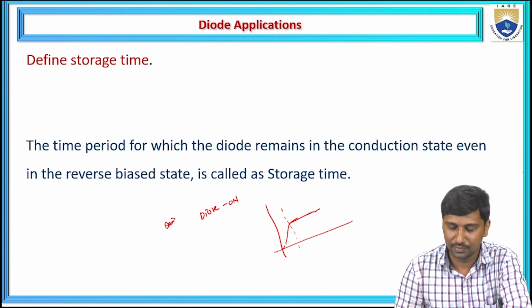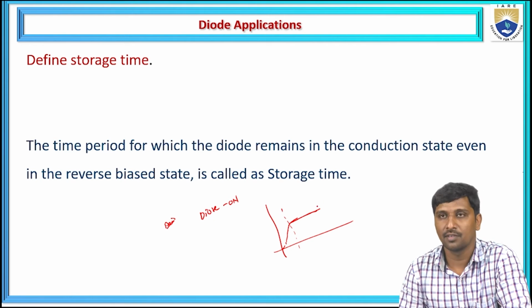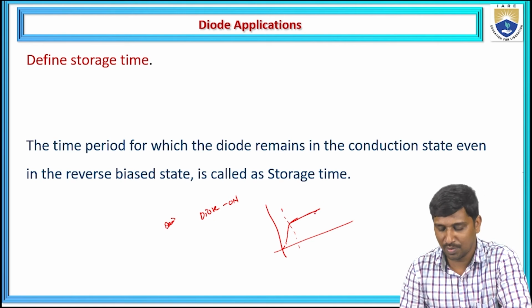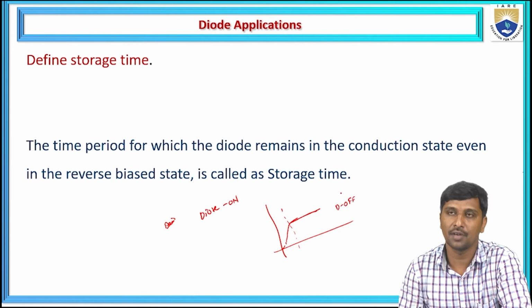Then, whenever the input voltage suddenly falls toward the minimum voltage, the diode enters reverse bias, the off state.